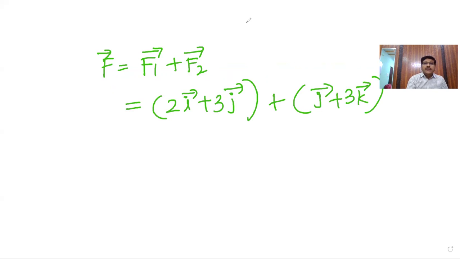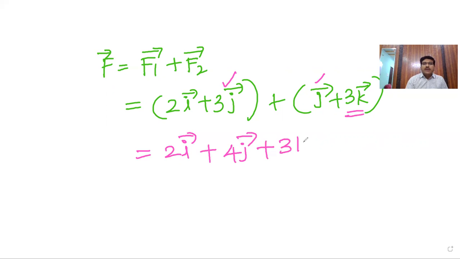Once you add, only 2i is there, so 2i bar, plus 3j and j gives 4j bar, plus 3k bar. This is the resultant vector F bar.